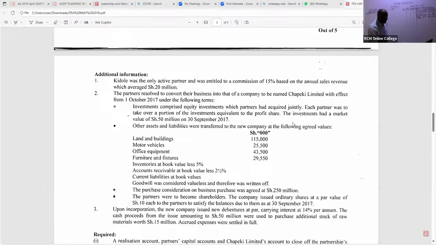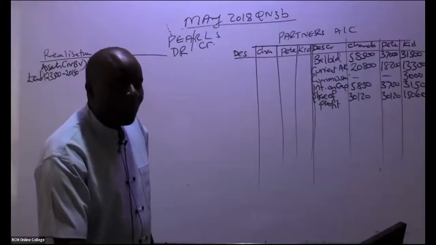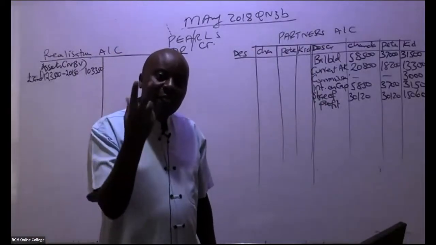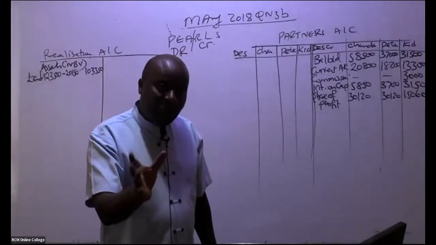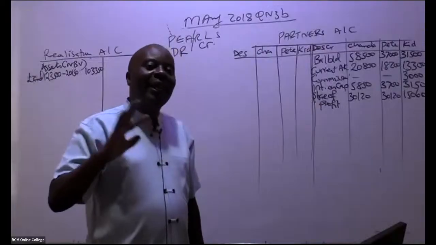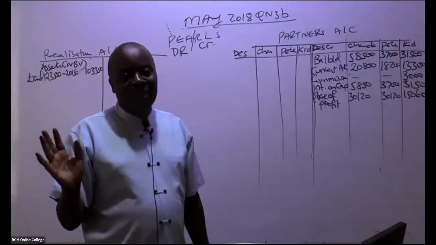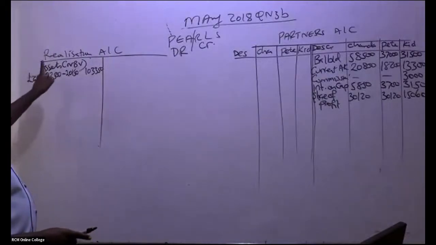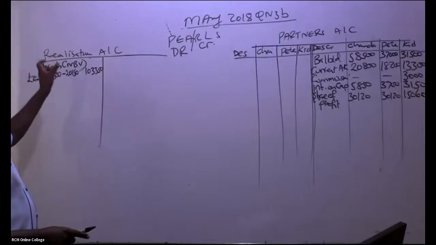When we are doing realization account, we have not yet started negotiating for asset prices. Here, basically, we are realizing the assets at cost minus accumulated depreciation. So anytime we talk about assets going to the new company, they'll be taken to the realization account, but at net book value.